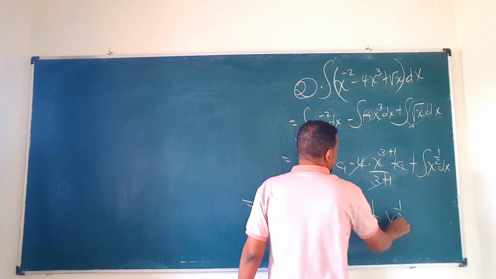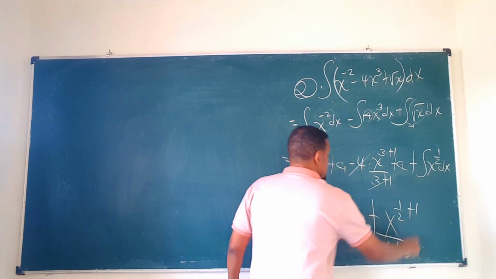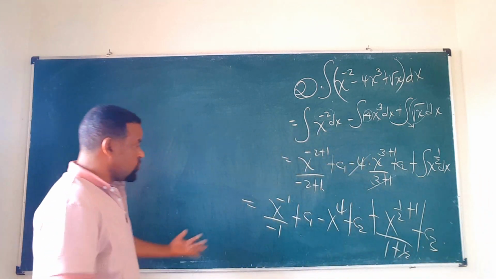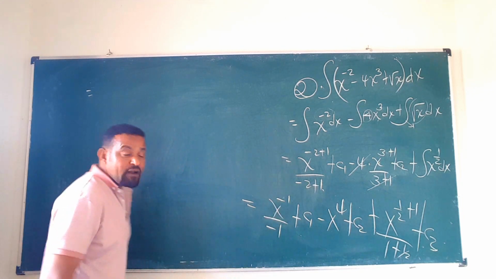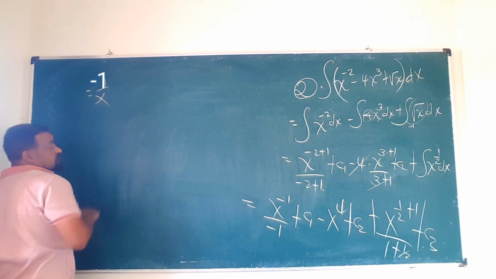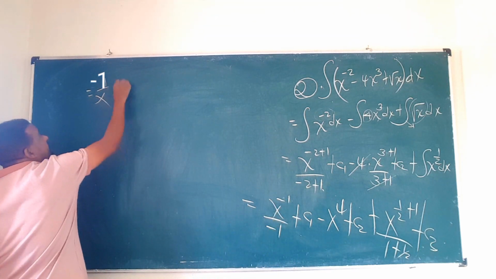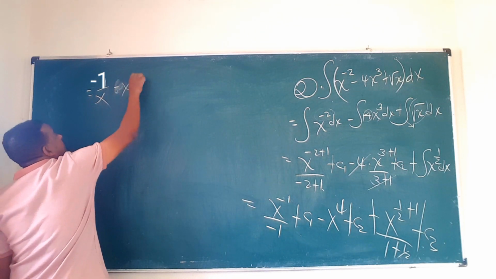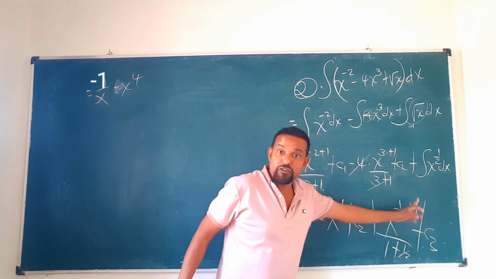over 1 plus 1 over 2, which is of course c3. So collecting all the c's together, that will give you x to the power of negative 1, which means 1 over x, no? Plus, and of course that is minus x to the power of 4. This one, x to the power of 1 over 2 plus 1 is 3 over 2, okay?